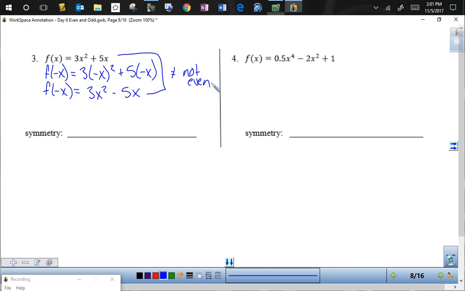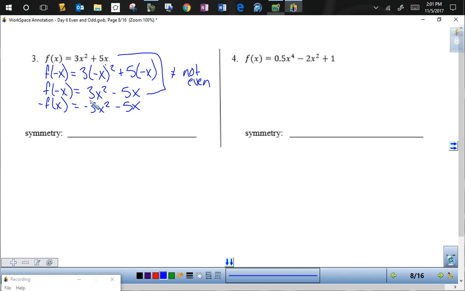We just have to decide, is it odd? So we look at negative f of x. We have to go up and switch all of our symbols up here. We get a negative 3x squared and a negative 5x. Now, if it is odd, these two would be equal, so let's check them out.